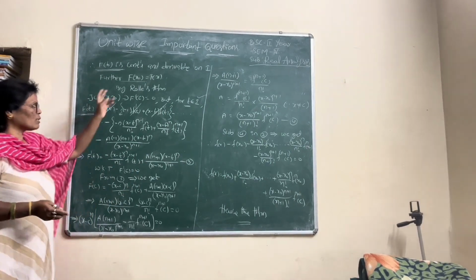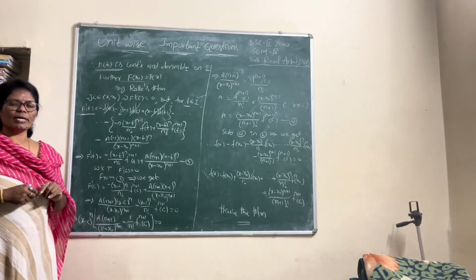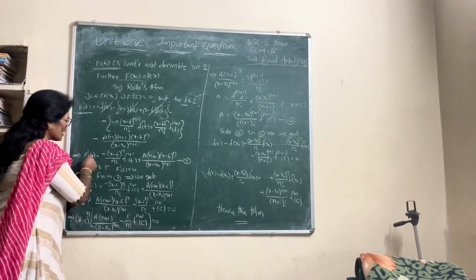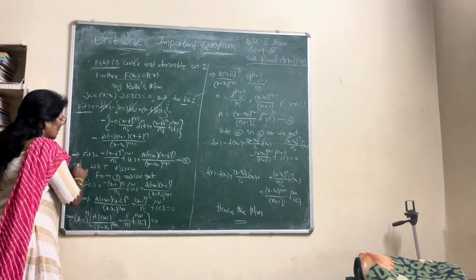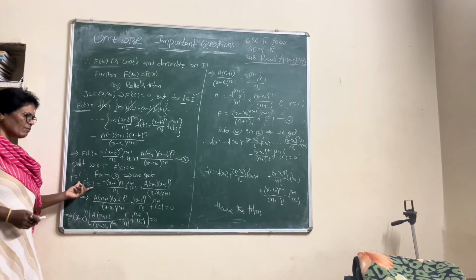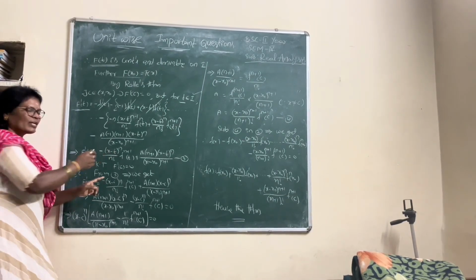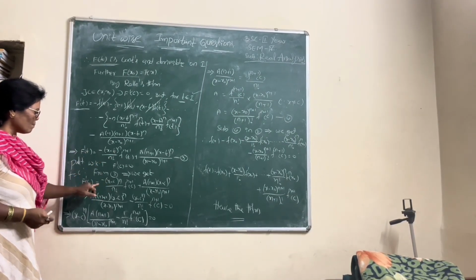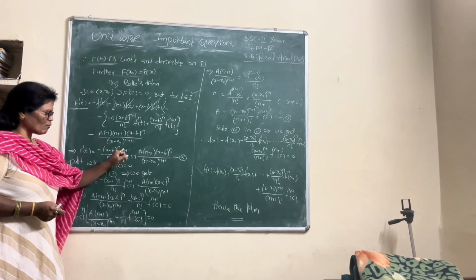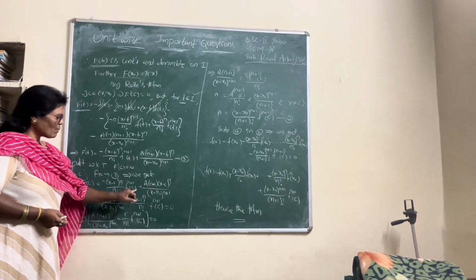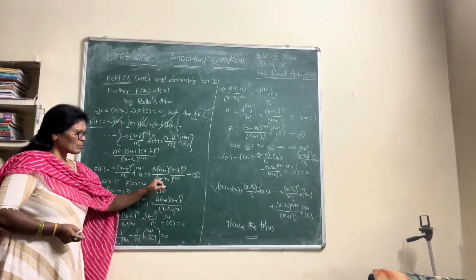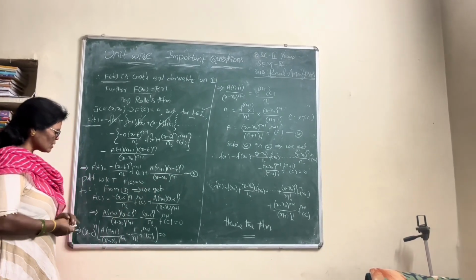And we know that by Rolle's theorem f dash of t should be equal to 0. So from this equation we get f dash of c by putting t equal to c. f dash of c is equal to minus, instead of t you substitute c, (x minus c) whole power n by n factorial f power n plus 1 of c plus a into (n plus 1) into (x minus c) whole power n by (x minus x naught) whole power n plus 1.